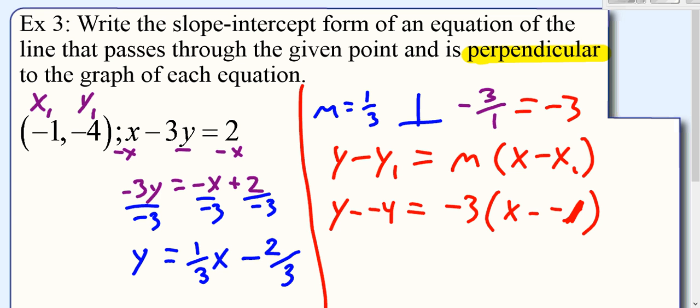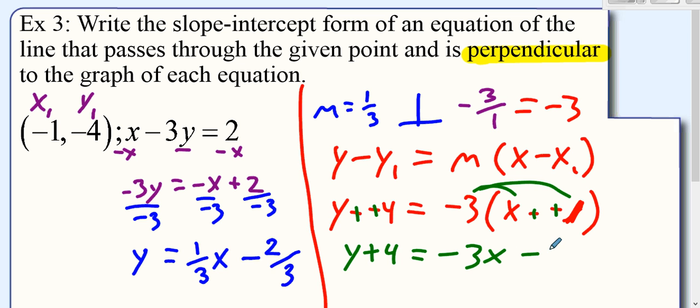And we just need to do the algebra to simplify this. So 2 negatives turns to plus. And distribute that. Negative 3 times 1 is negative 3.